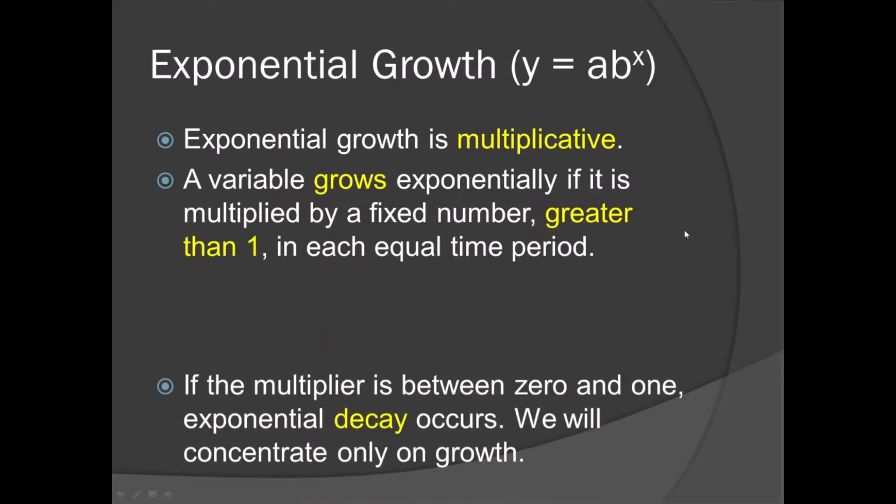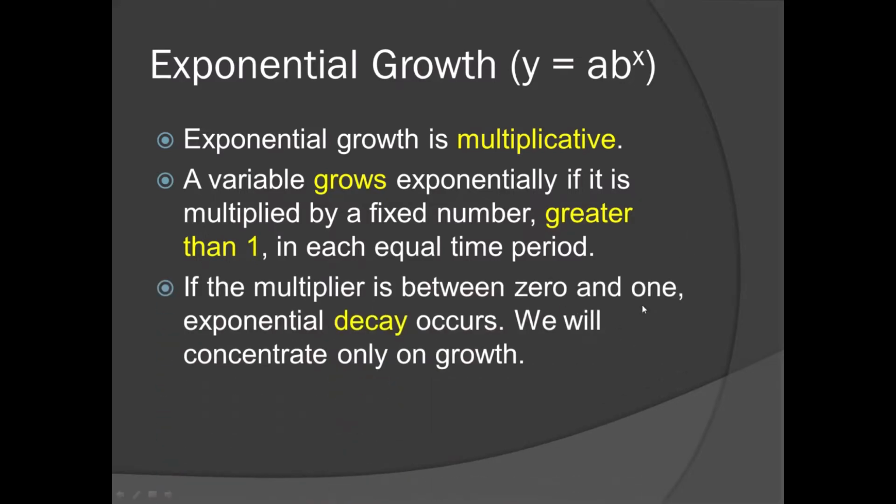If we were to multiply by a value between 0 and 1 for that common multiplier, we would not see growth, we would see decay.